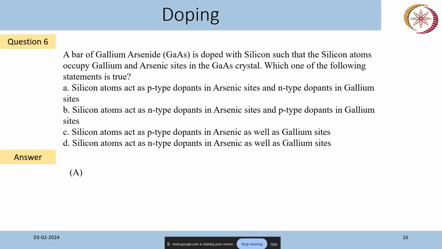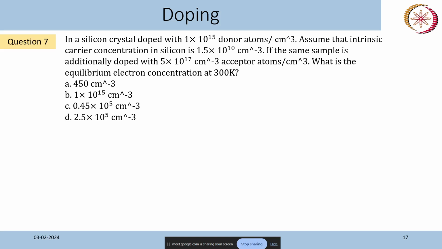Okay, let's go to the next question again. I hope you will be able to solve this question. A silicon crystal is doped with 10 to the power 15 donor atoms. Assume that the intrinsic carrier concentration in silicon is 1.5 into 10 to the power 10 per centimeter cube.